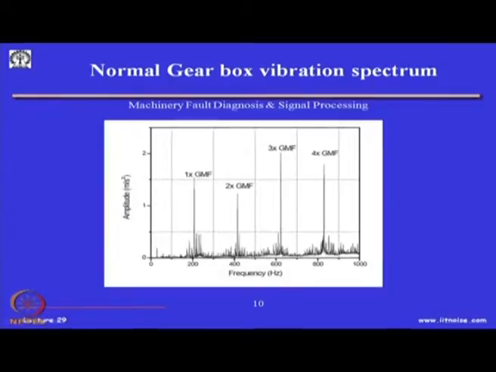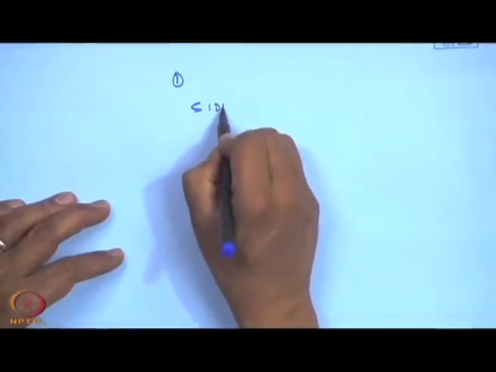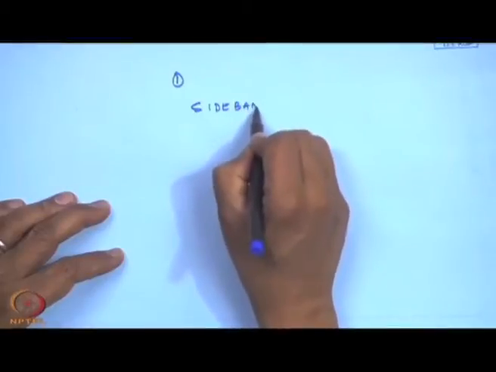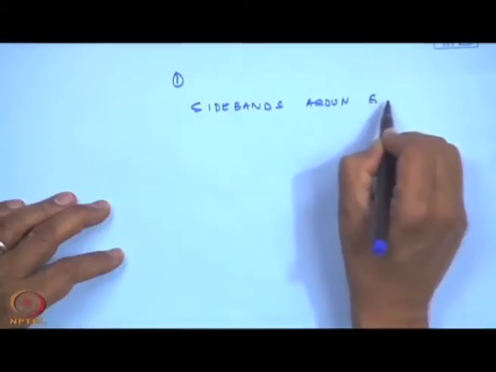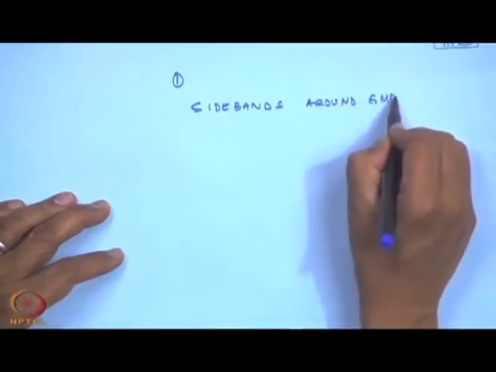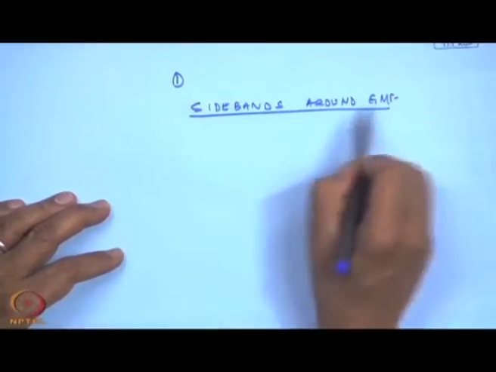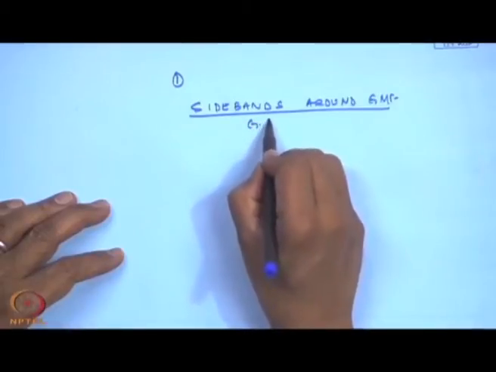You will realize that whenever we have seen the signals of other mechanical systems, we will not see such sidebands around GMF, and that is the characteristic of a gearbox vibration signal.